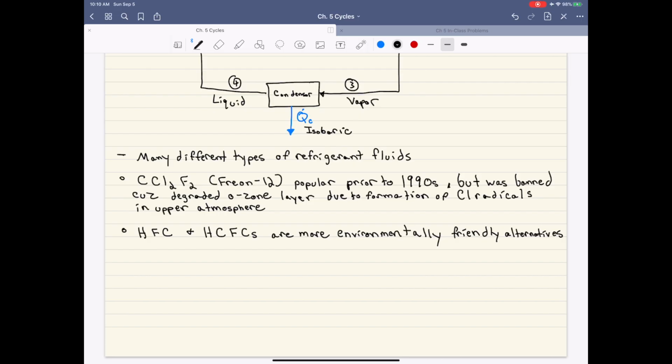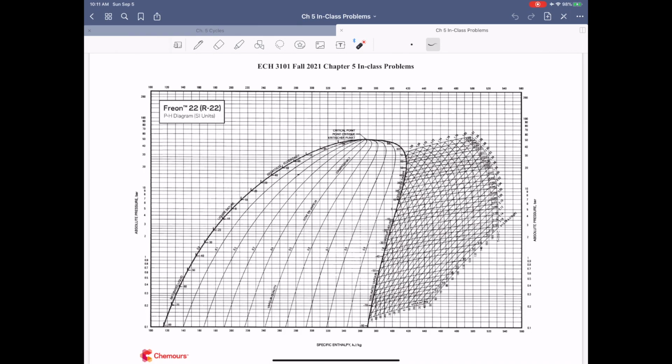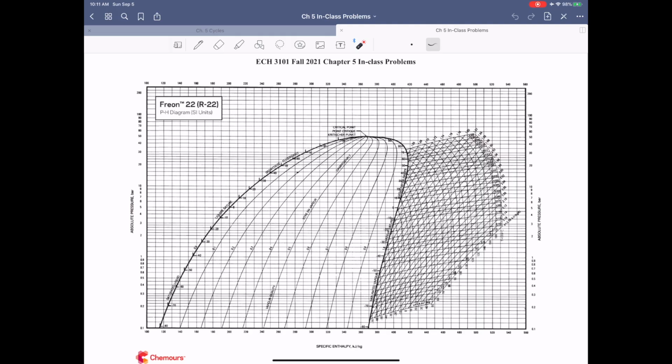In any case, there are a lot of different types of refrigerants out there. When you're doing this sort of refrigeration cycle analysis, you can look up the thermodynamic properties of these refrigerants in various plots. Refrigerant properties are typically read from plots. One example is the HCFC called Freon 22, and here's an example of the plot for Freon 22.